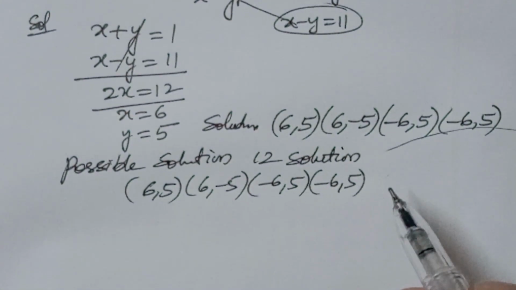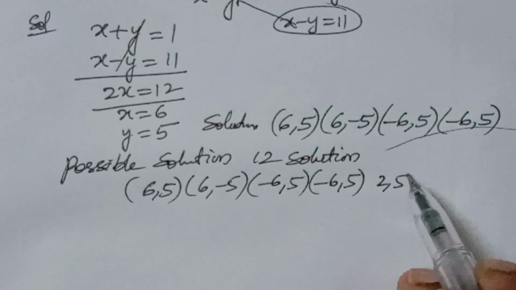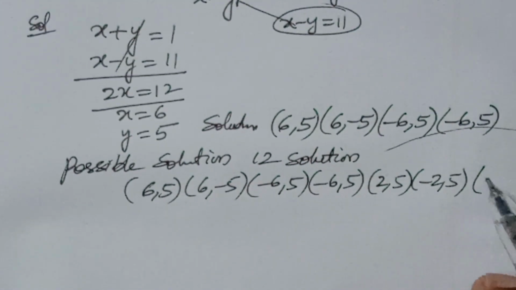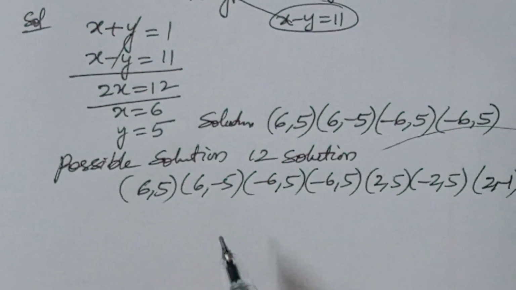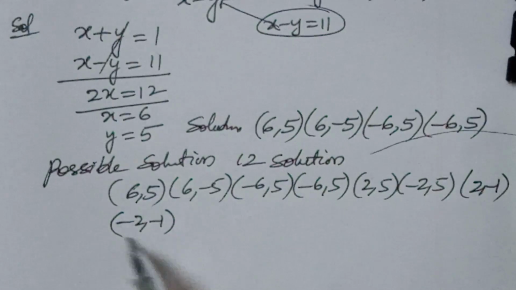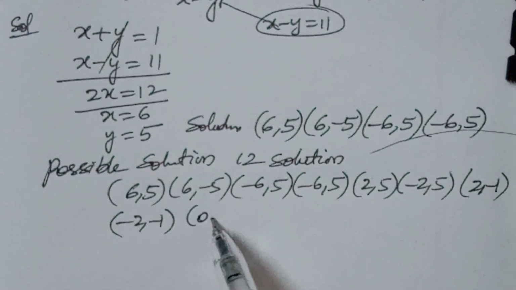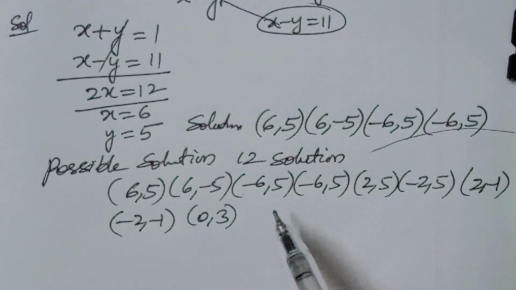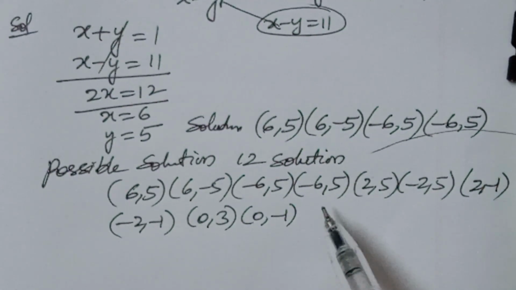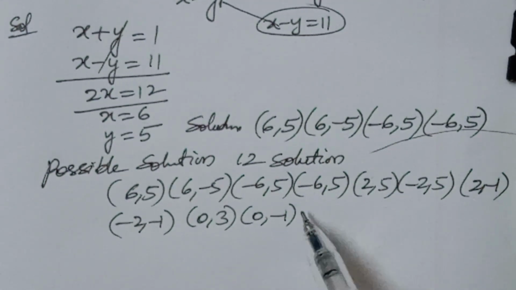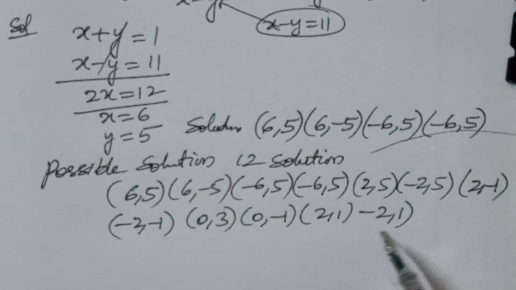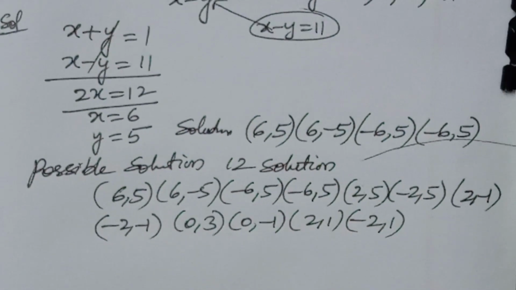So here we'll get 2 comma 5, minus 2 comma 5, 2 comma minus 1, minus 2 comma minus 1, 0 comma 3, 0 comma minus 1, 2 comma 1, minus 2 comma 1. I hope you understood the video.